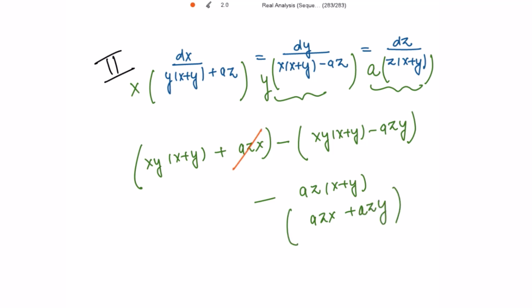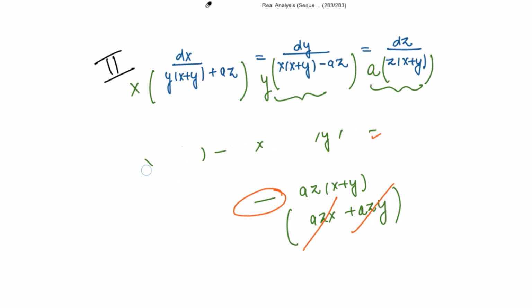Now this azx is cancelled out with this azx because there is a negative sign. Also, we get positive azy, which is cancelled out with the negative azy. And then this xy into x plus y is cancelled out with this. So we are getting 0 here, right? So let's use this way to get the ratio.